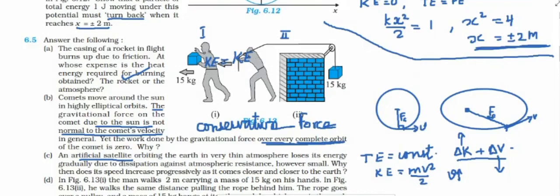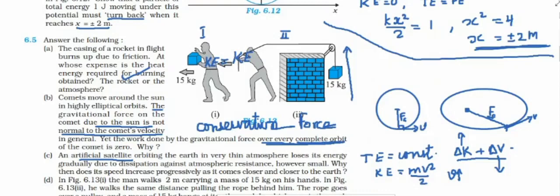He is moving with the load, and at the same time the object is moving upwards. That means the object is acquiring potential energy. But in the first case, you cannot see any change in potential energy.